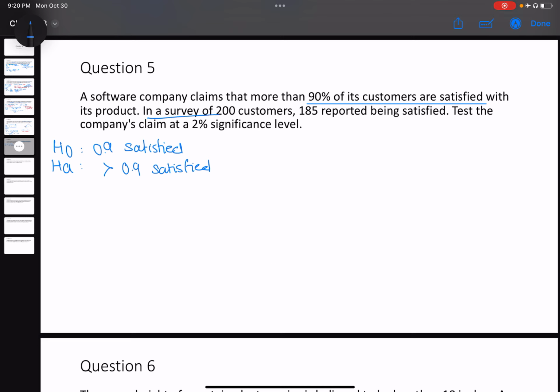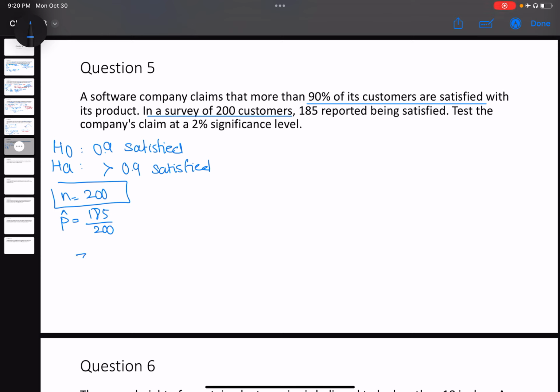In a survey of 200 customers, n equals 200, 185 reported being satisfied. P hat equals 185 divided by 200. We have a large sample.